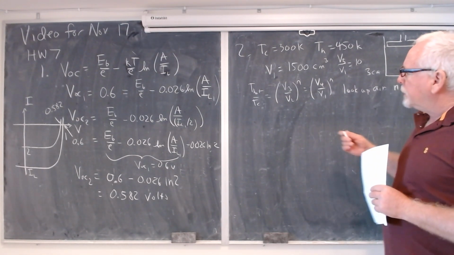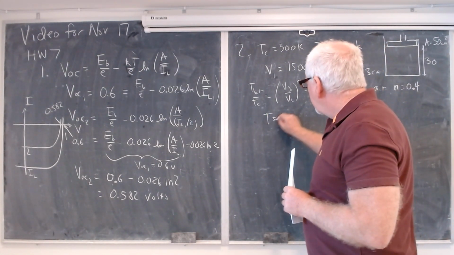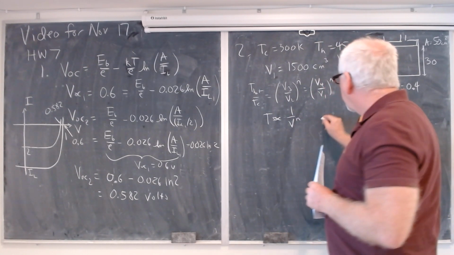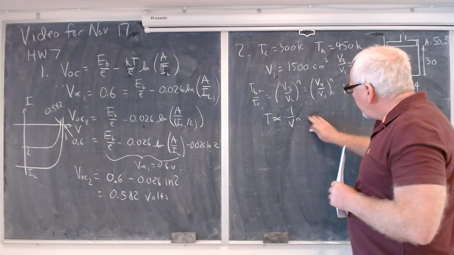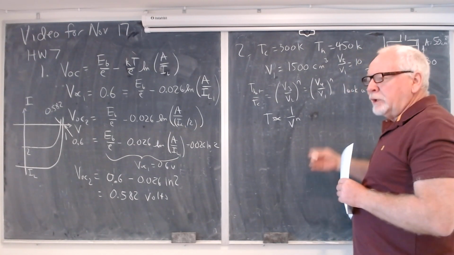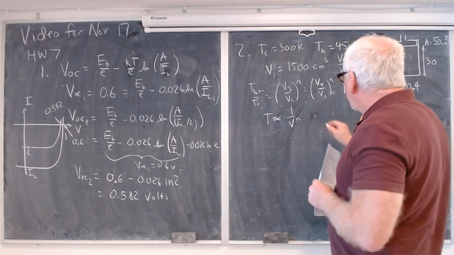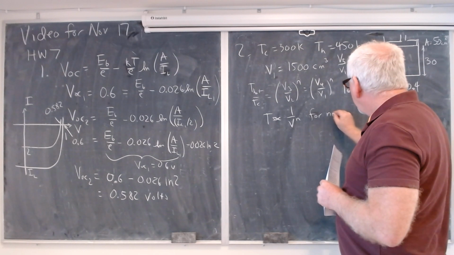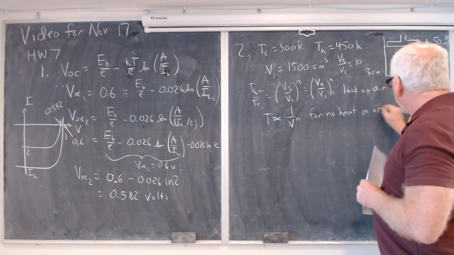I think it's enough to understand that T goes as 1 over V to the N. I should have used the word adiabatic, because you needed that word to figure it out, meaning no heat in or out.